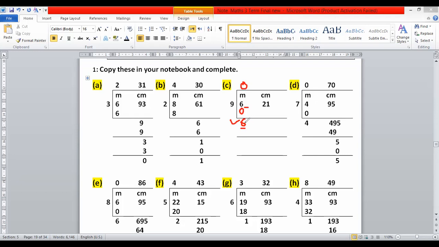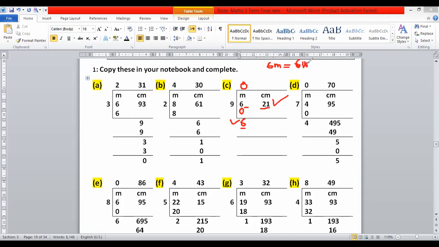We will add these 600 centimeters with these centimeters. These centimeters are 21, so I am writing here. Remember that we convert these meters into centimeters. This is very important. And after that, add with these centimeters.